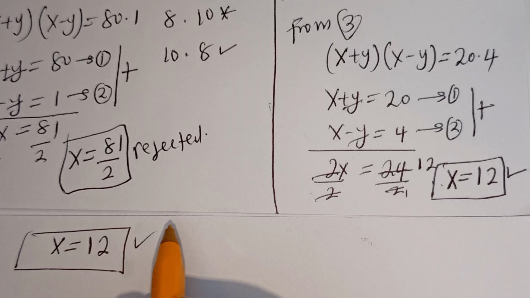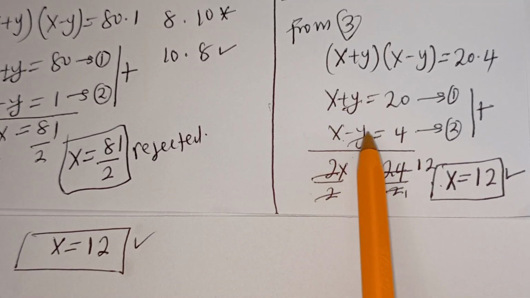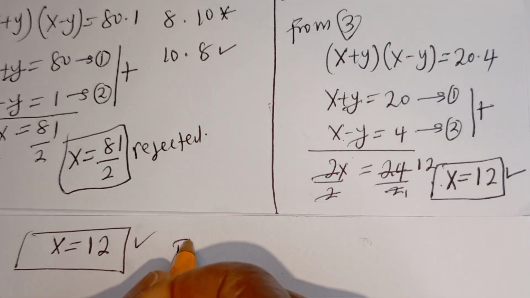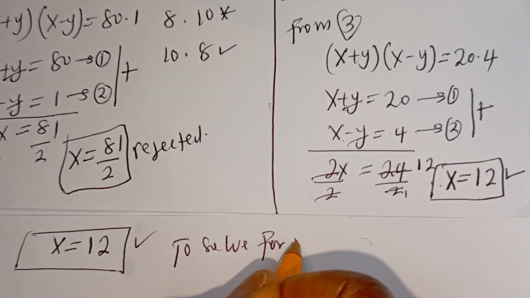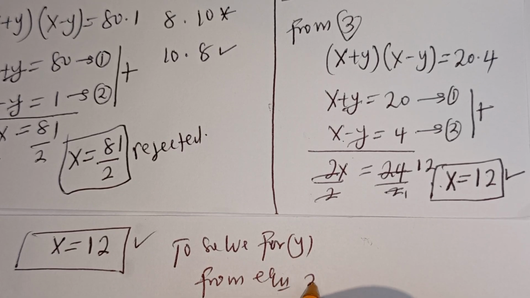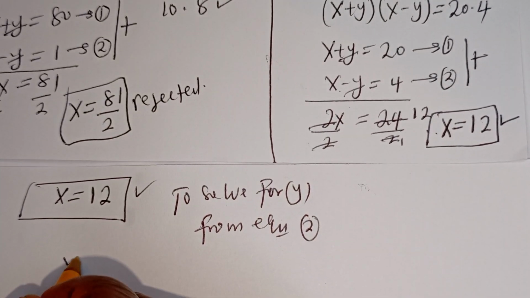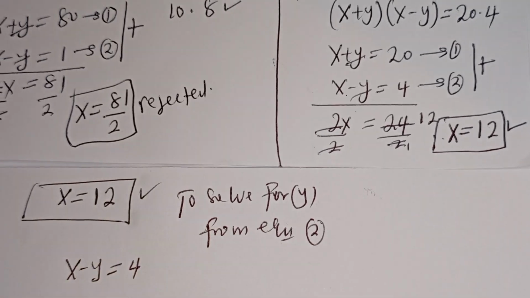Now let's solve for y using either equation 1 or equation 2. But let me make use of equation 2 again to solve for y. Then from equation 2, we have s minus y is equal to 4.